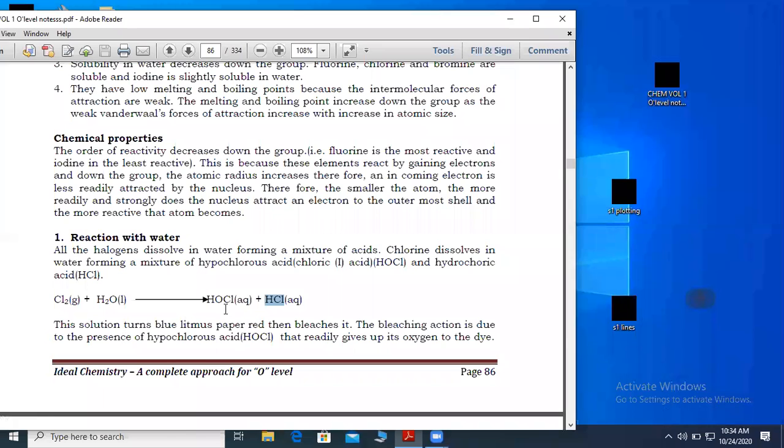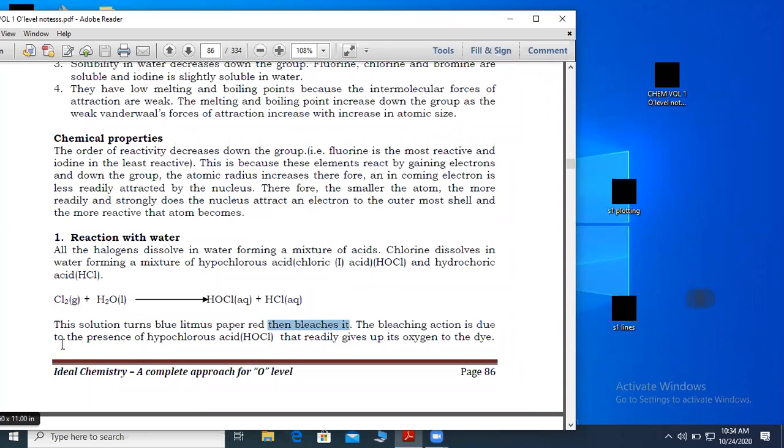Now, this solution turns blue litmus paper red. Why does it turn blue litmus paper red? Because there is hydrochloric acid, and all acids turn blue litmus paper red, and then bleaches it. The litmus paper loses its color and turns to white.